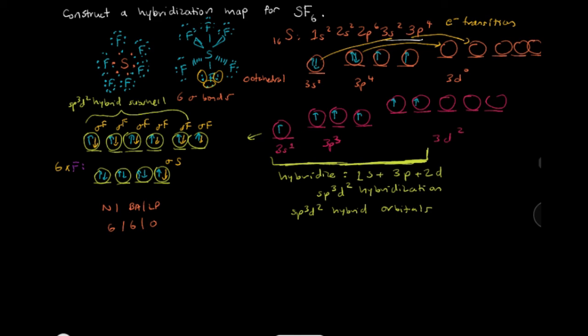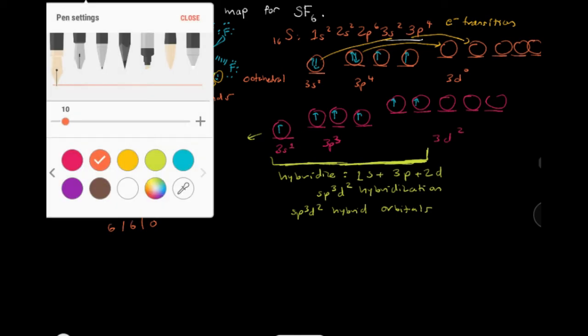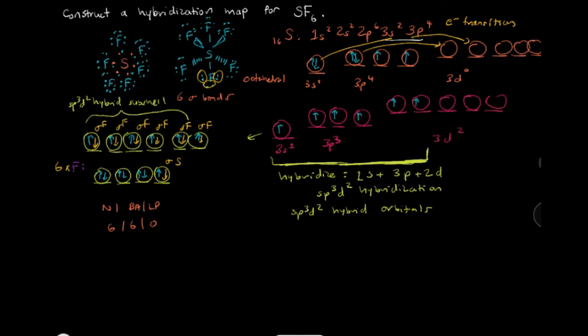What it's going to look like now, I'm just going to draw out the sulfur. We're going to have sulfur here, and hopefully I have enough space for this. Maybe I could erase that. So I'm going to have a sulfur here. We're also going to have an orbital here, an orbital here, and an orbital that sticks out this way.